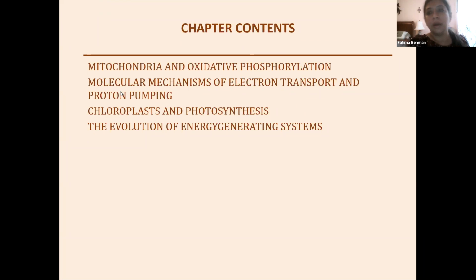And then we are going to look at molecular mechanisms of the electron transport chain, and we will look at how those electrons are transferred from one molecule to the other, and how we use the proton pump as a way to generate the ATP to allow us to use that. And then we are going to talk about chloroplast and photosynthesis.